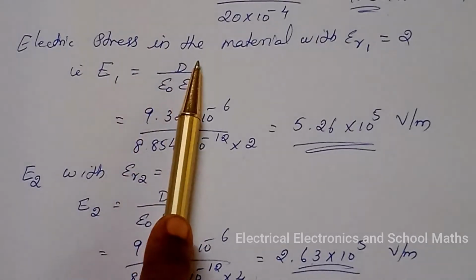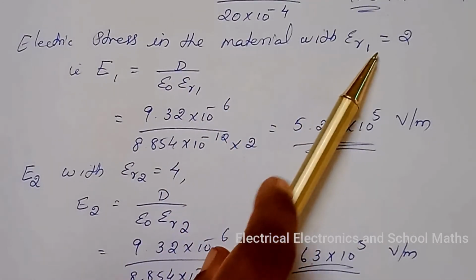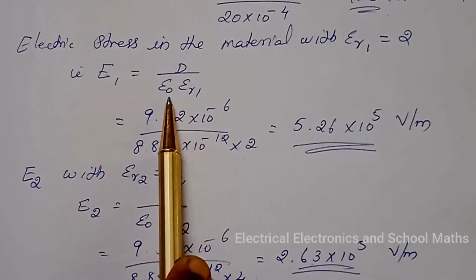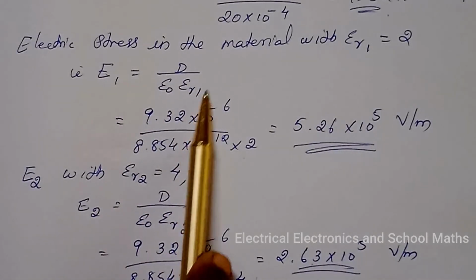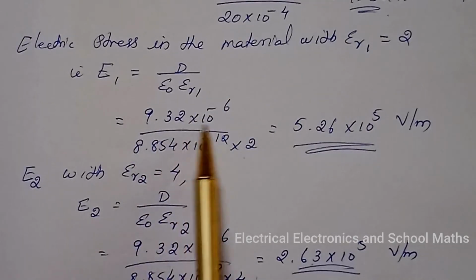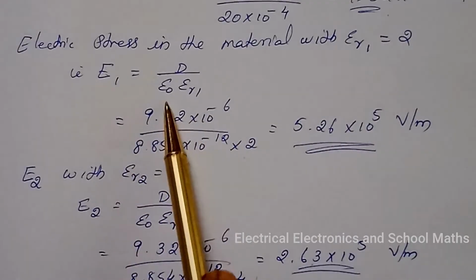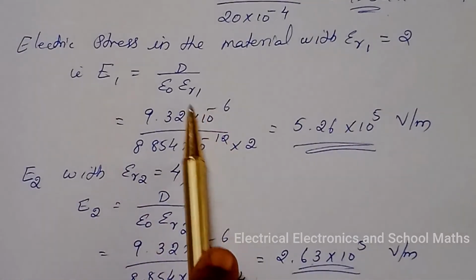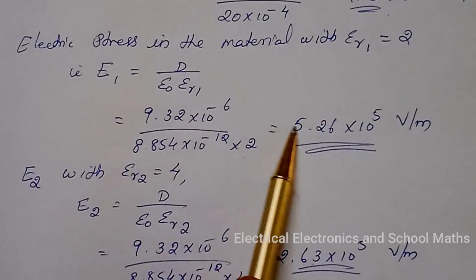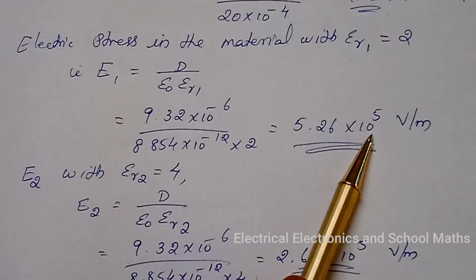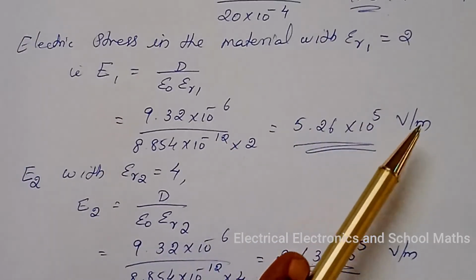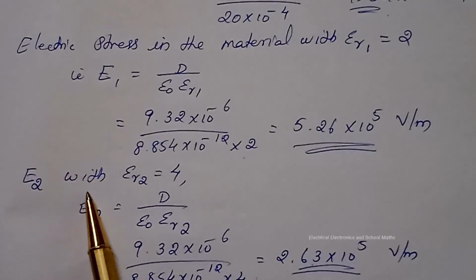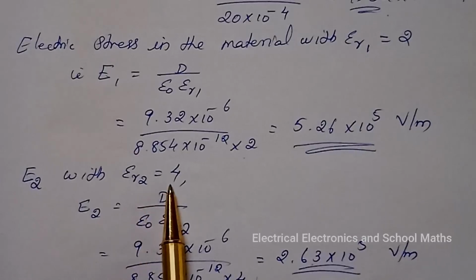First find the electric stress with epsilon R1 equal to 2. That is E1 is equal to D by epsilon 0 epsilon R1. D is 9.32 into 10 raised to minus 6 whole divided by 8.854 into 10 raised to minus 12 into epsilon R1 is 2. And we get 5.26 into 10 raised to 5 volt per meter. Now find electric stress with epsilon R2 is equal to 4.